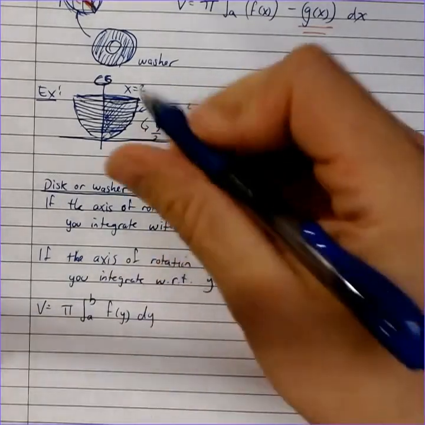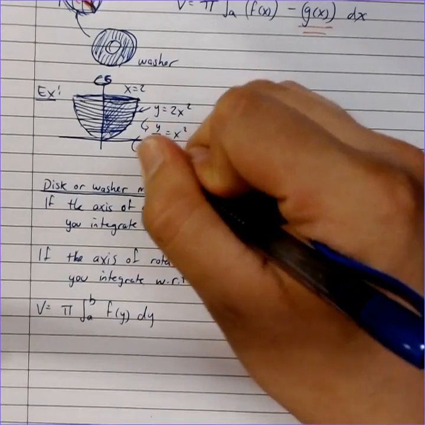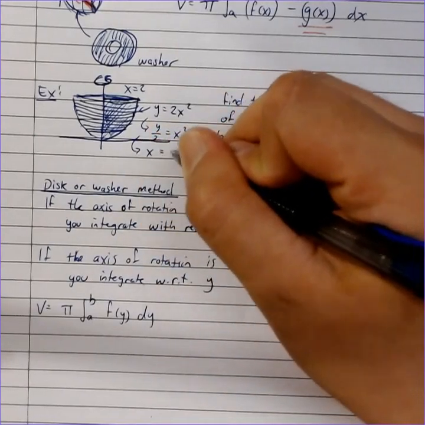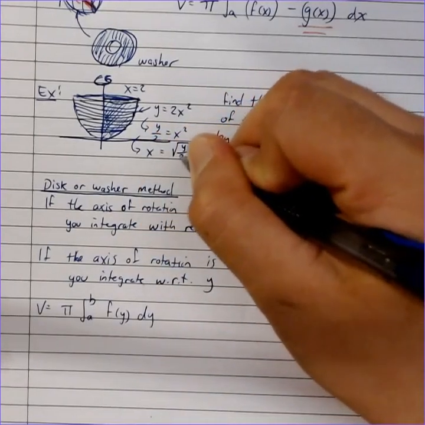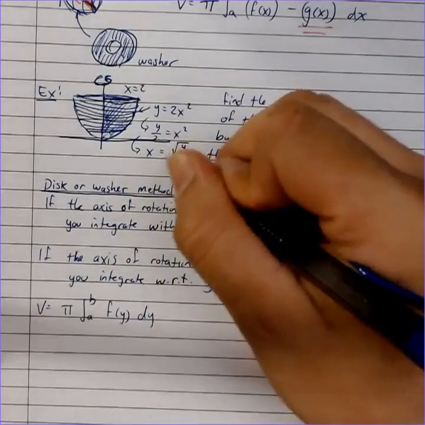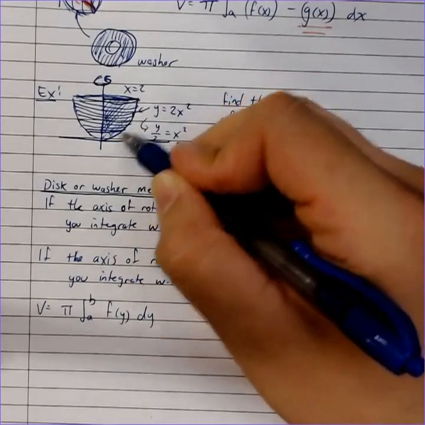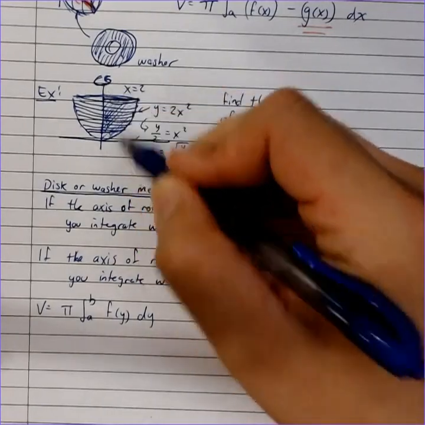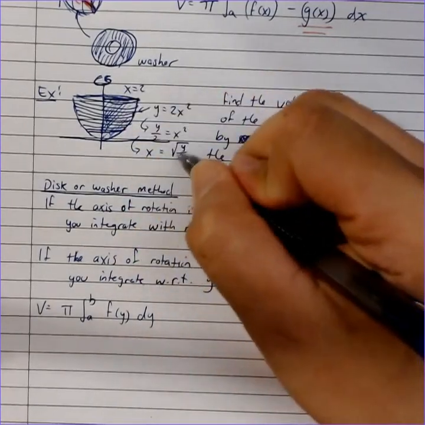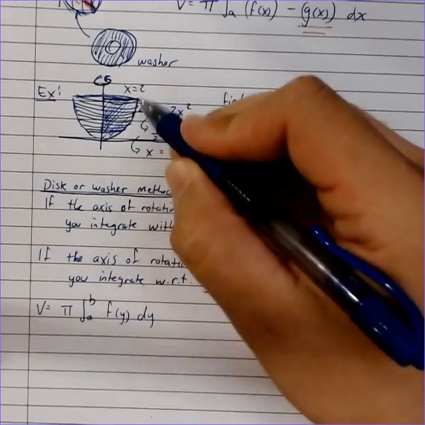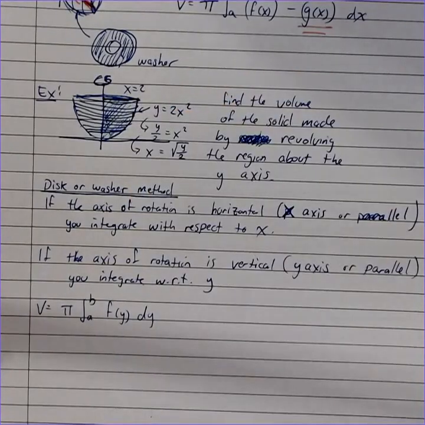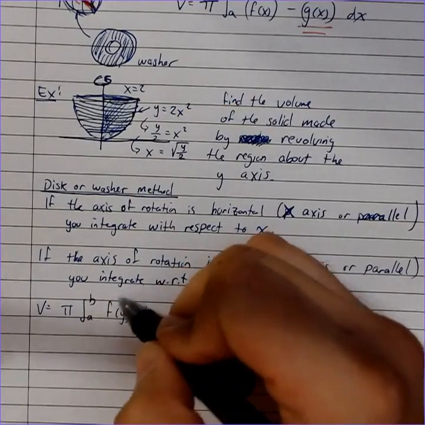And then take the square root of both sides, which gives us x is equal to the square root of y over 2. It should be plus or minus, but notice this region is entirely positive. We only care about the positive values here, to the right and above the origin. So this really should be plus or minus, but we're only going to care about the positive part. So here, that's the function of y.